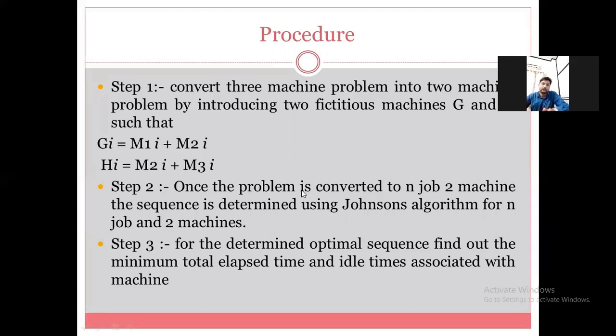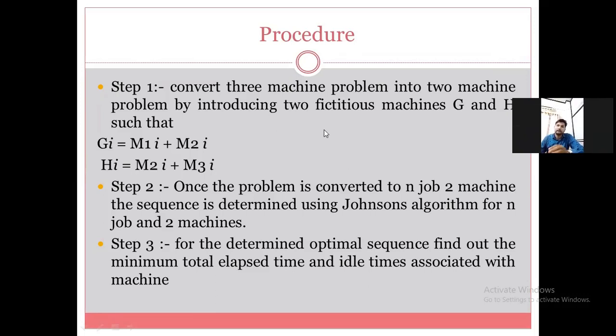For the conversion, we use formulas, considering a hypothetical machine which is the combination of two machines, also called a fictitious machine.